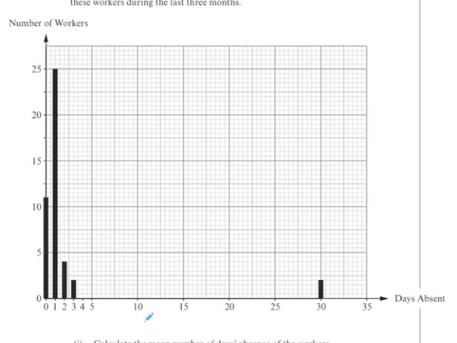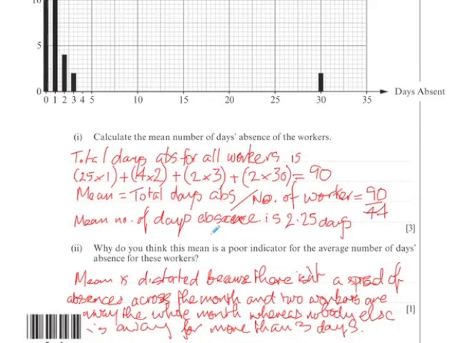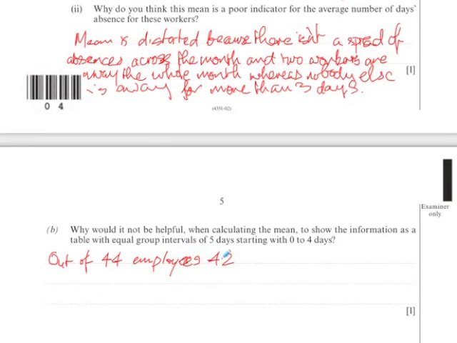So 2 from 44 is 42. So what I'm saying is, out of the 44 employees, 42 lie in the range 0 to 4 days.